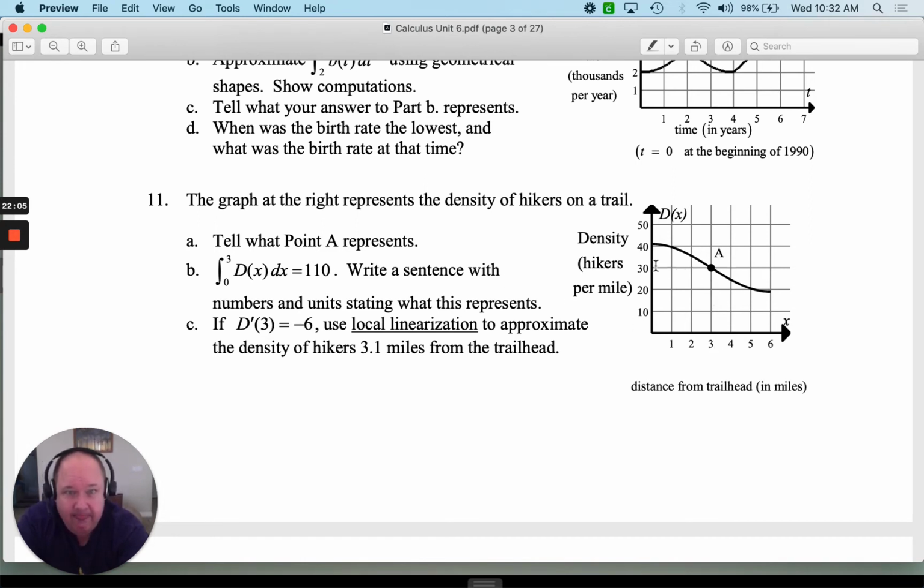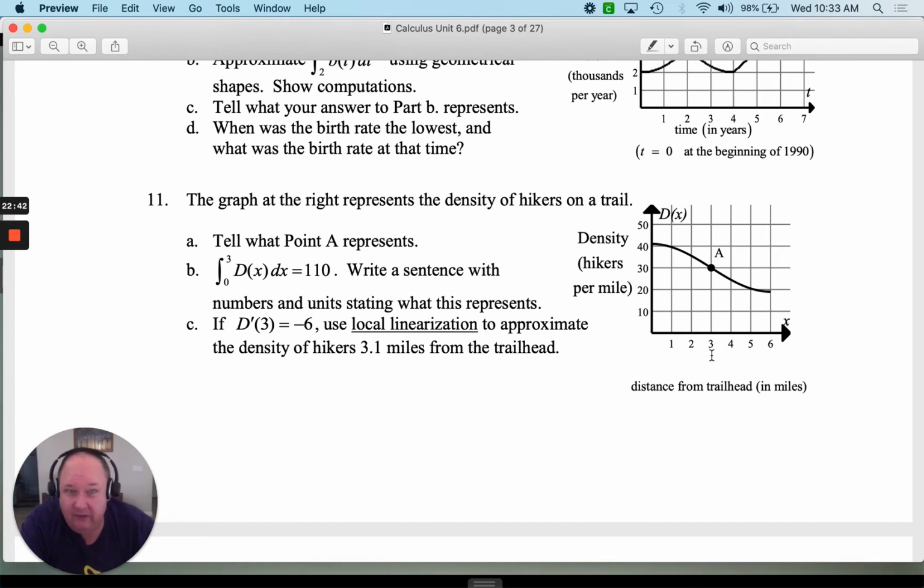Okay. So hikers per mile is a rate. So A, first of all, what's 3? Distance from a trailhead. So 3 miles away. So I'm going to write down 3 miles away from the trailhead. The density of hikers is, what is it, 30.